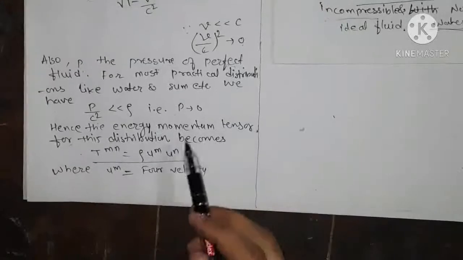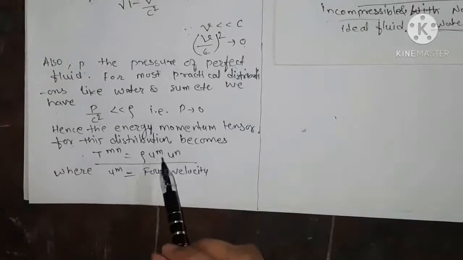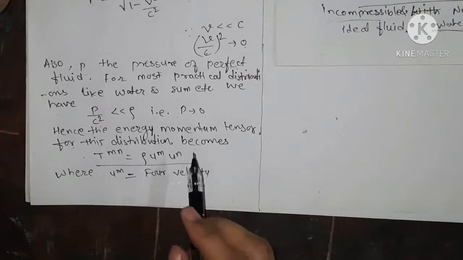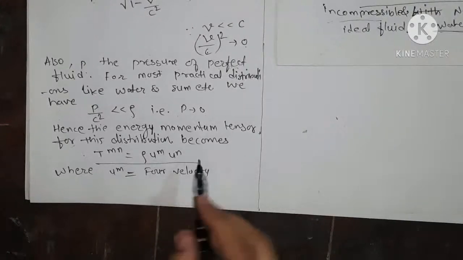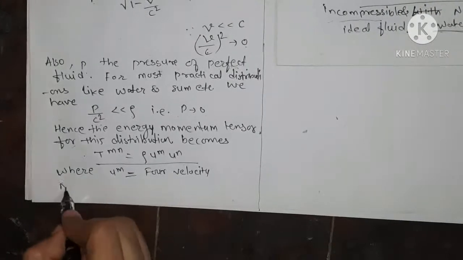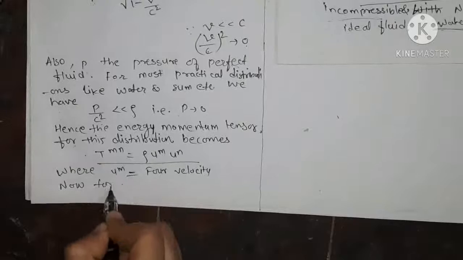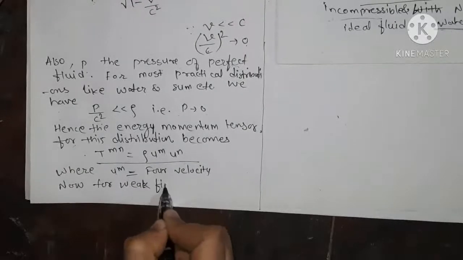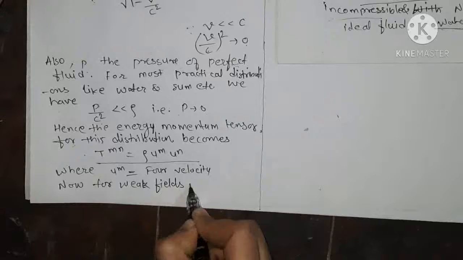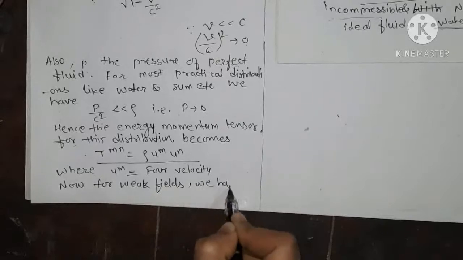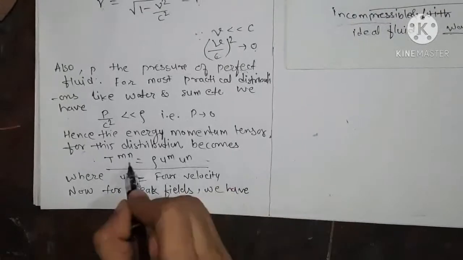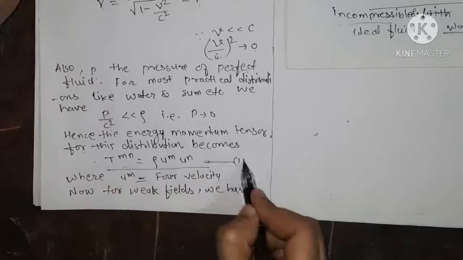Now, as we are assuming that our field is a weak field, we approximate g mn as follows. We give the energy momentum tensor as equation number 1.